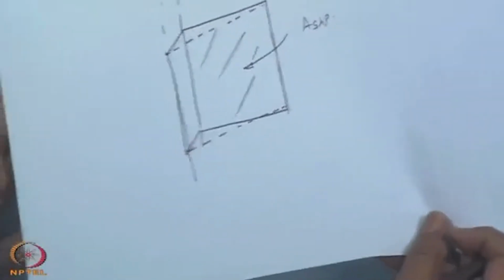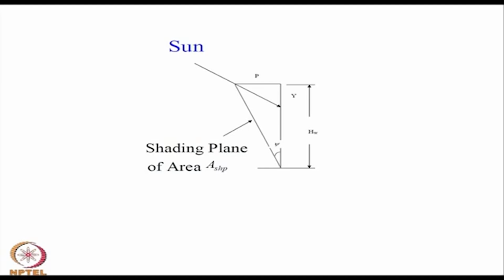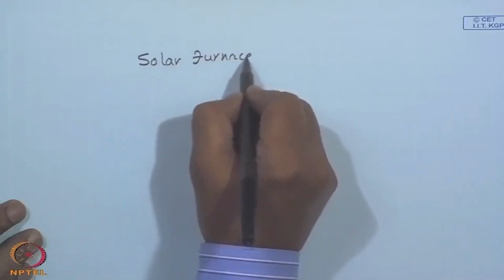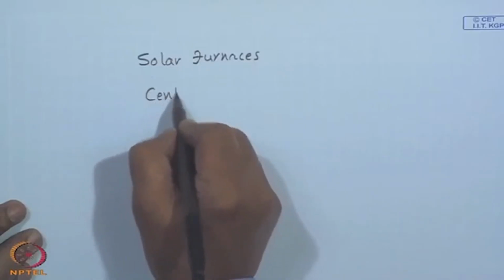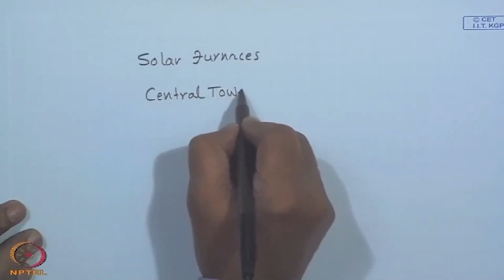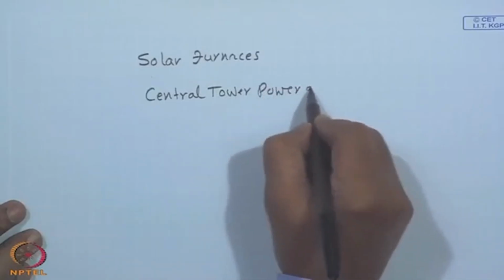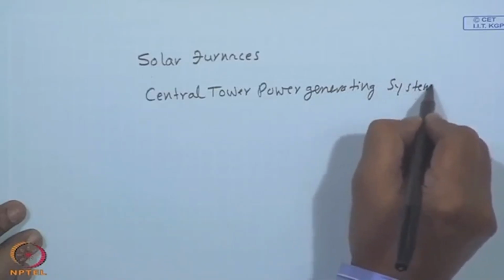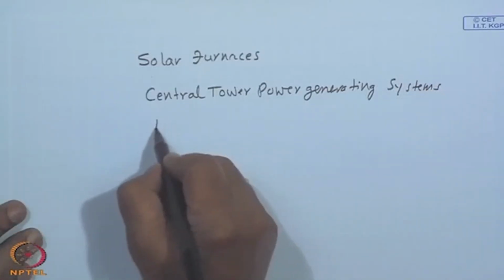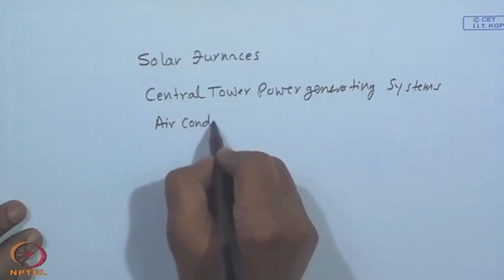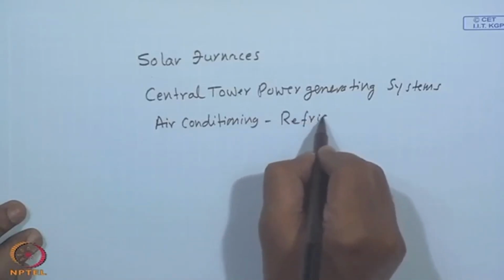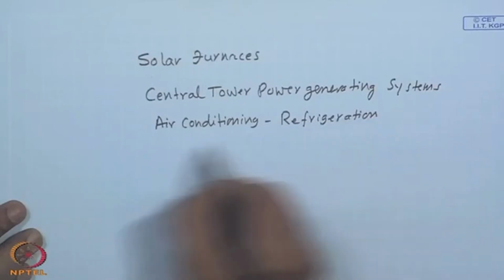So, that formally finishes the topics that we covered, but you may be a little curious for certain additional things like solar furnaces and of course, central tower power generating systems, and air conditioning and refrigeration, cold storages.